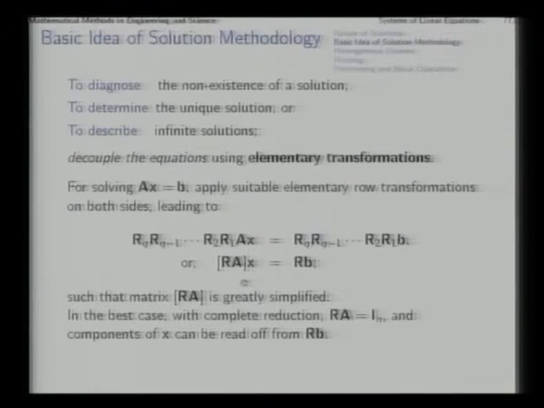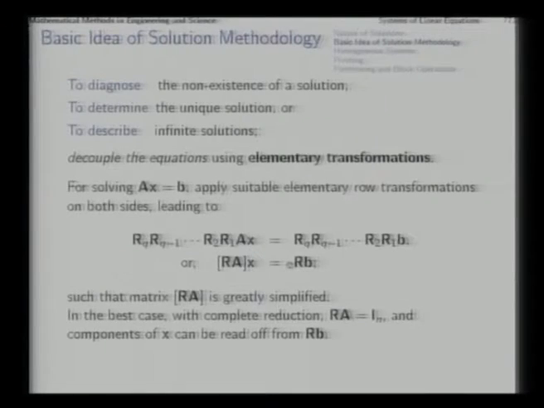If it cannot be reduced up to identity, then we try to make as much simplification as possible in the matrix RA, so that a little bit of processing is sufficient to find the values of the entries of x, x1, x2, x3, etc., or to describe them in terms of a few variables in the case of infinite solutions. The process, as we discussed earlier, has two issues.